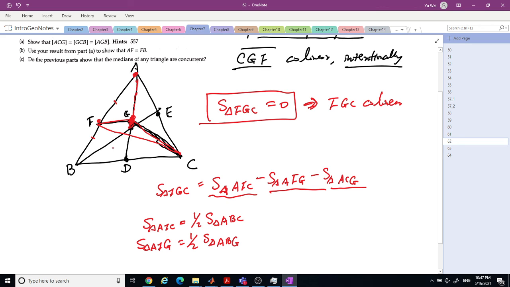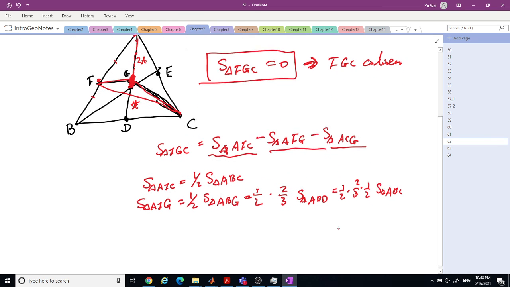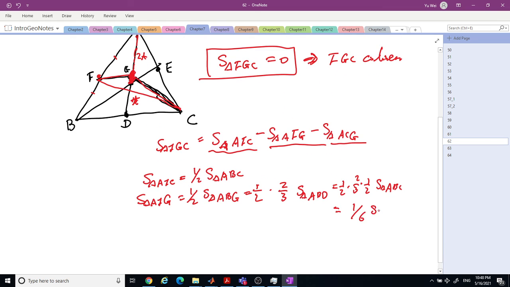Then the triangle ABG, this is 1 and 2, so it's 2/3 of the triangle ABD, right? The triangle ABD is half of the triangle ABC. So now we see this one is 1/6 of the triangle ABC.